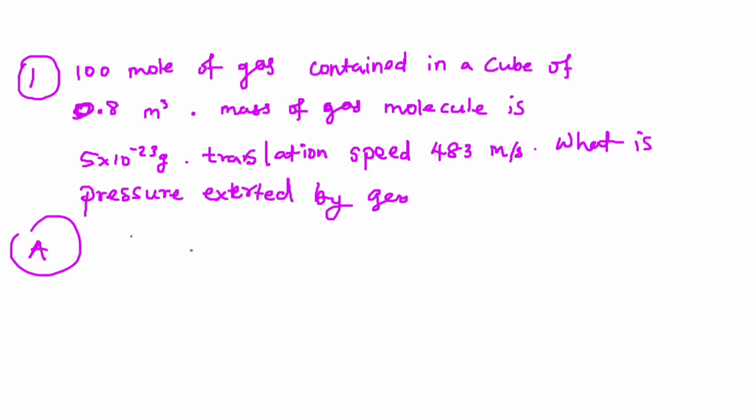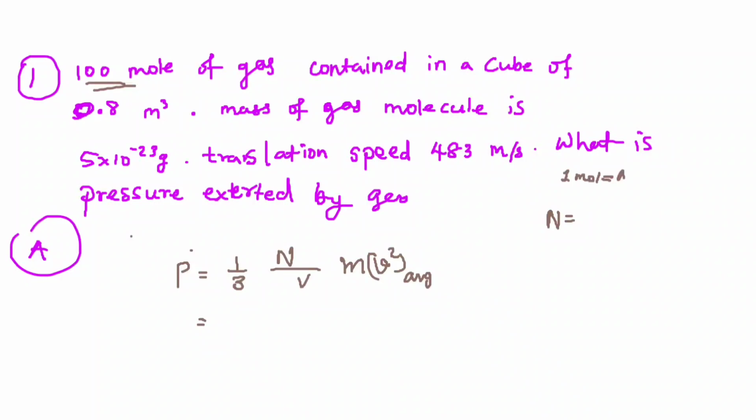So our formula is P equal to 1 by 3 N by V M V square average. Here N is 100 mole. 1 mole, we know, is equal to Avogadro number of molecules, meaning Na, which is 6.02 into 10 power 23.